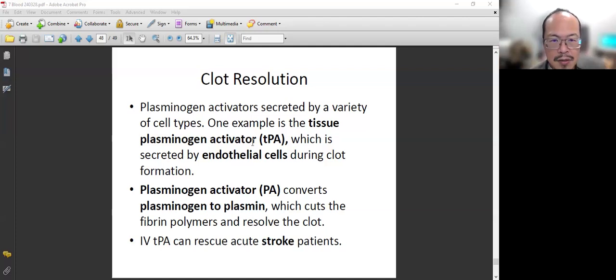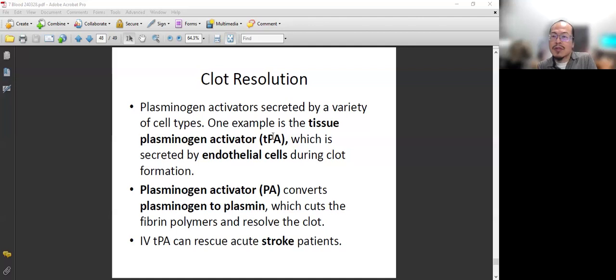This plasminogen activator is also clinically relevant. It happens with patients with a stroke. If the patient has a stroke, all of a sudden facial drooping, motion disabled, in that situation you send the patient quickly to the hospital, do a very quick examination, then the doctor can inject the TPA, tissue plasminogen activator.